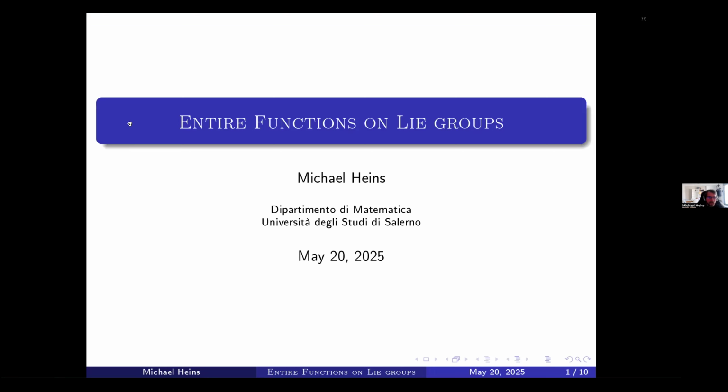So what I will tell you about today is the function algebra, namely the entire functions on a Lie group. And I cooked this up or dreamt this up one morning during my master's, a long time ago, like 5 years now. We were working on a problem in strict deformation quantization, and we kind of needed the right observables. So, a subalgebra of the smooth functions that was particularly nice.